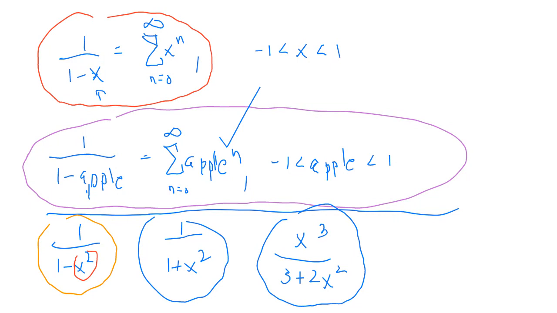Okay, so in other words, using this apple formula, we're able to take certain rational functions and rewrite them as power series, by manipulating the function, maybe sometimes differentiating the function, but ultimately it comes down to being able to use this apple formula here.